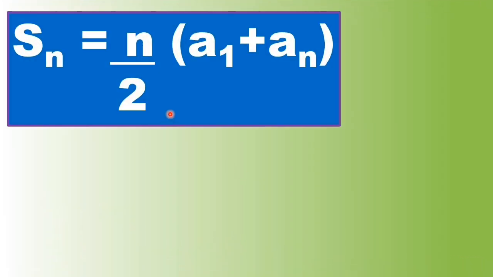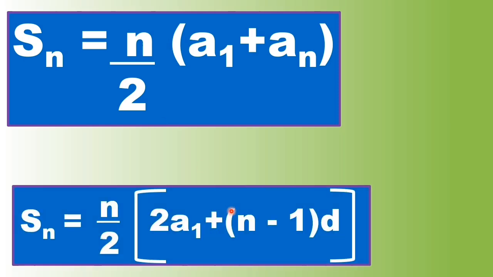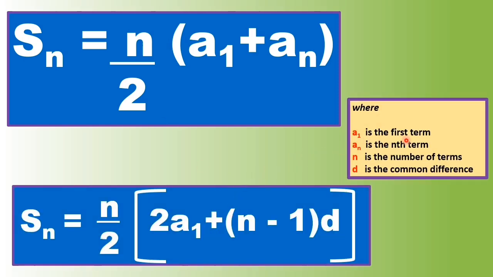So these are the formulas of arithmetic series, where a sub 1 is the first term, a sub n is the nth term, n is the number of terms, and d is the common difference. Pili ka na lang dito sa dalawa kung ano yung mas angkop gamitin sa pag-solve ng arithmetic series.